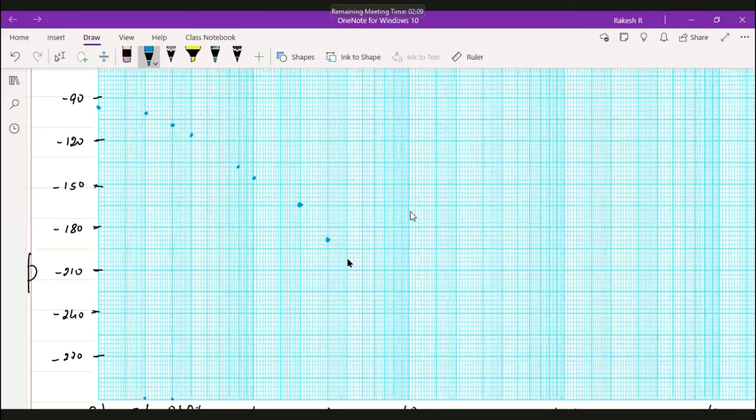Next, for 4 it is -206, which comes somewhere here. After that, for 8 it is -230, somewhere here. After that, for 10 it is 237, approximately close to 240, so it is here, not on this line.